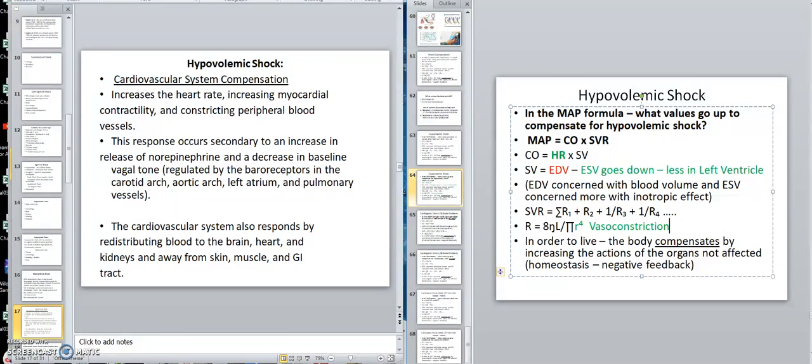That vasoconstriction would increase the resistances, which would then increase SVR. If SVR is increased, then it would compensate. So to say it again, these would be the compensating aspects. Okay? We're going to close here and pick this right back up.